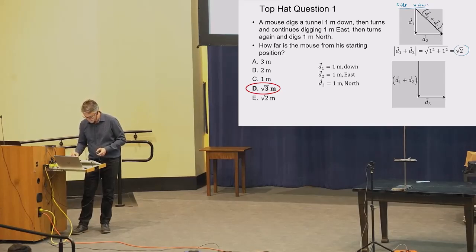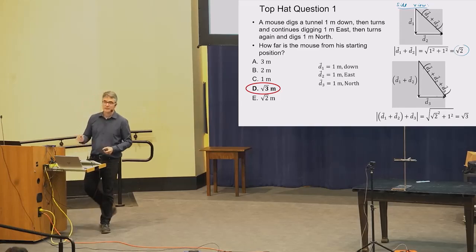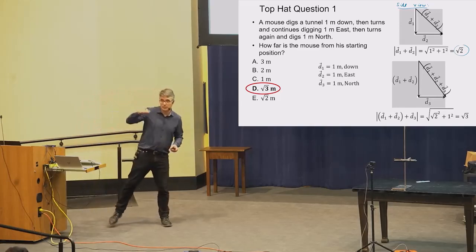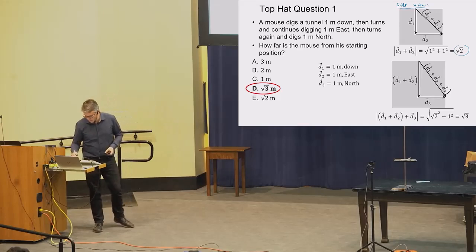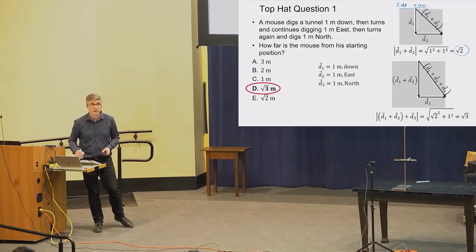Then I'm trying to imagine that he goes this distance and then turns a perpendicular direction. I feel like that last leg, since it was perpendicular to the east and perpendicular to down, will be perpendicular to that square root 2. So you get square root 2 squared plus 1 squared, and you get square root 3.